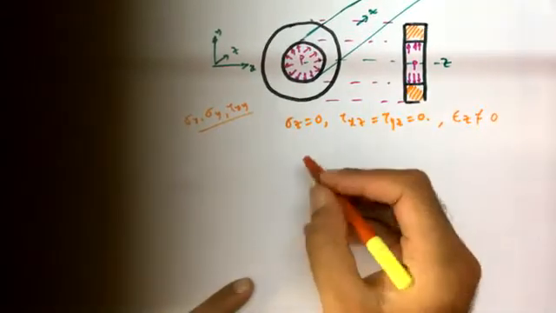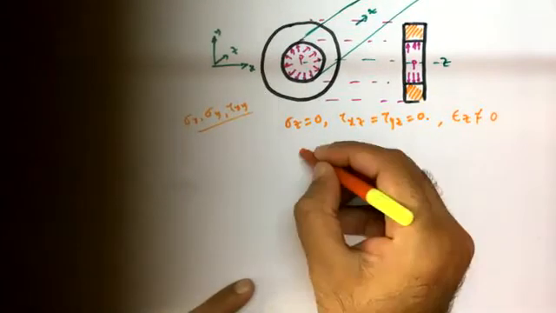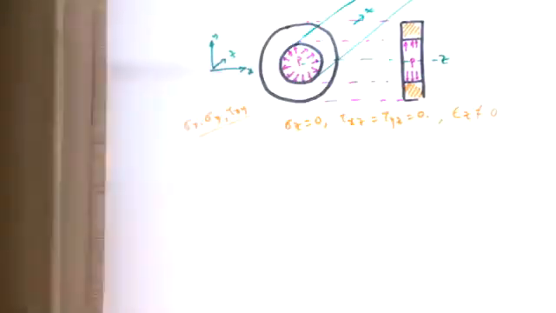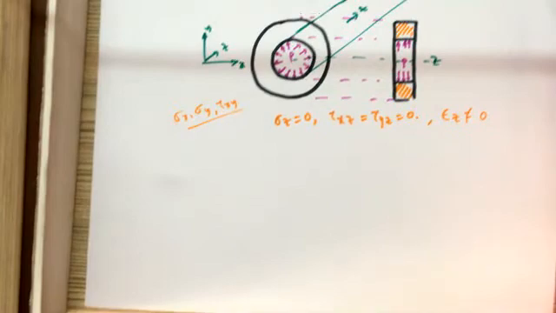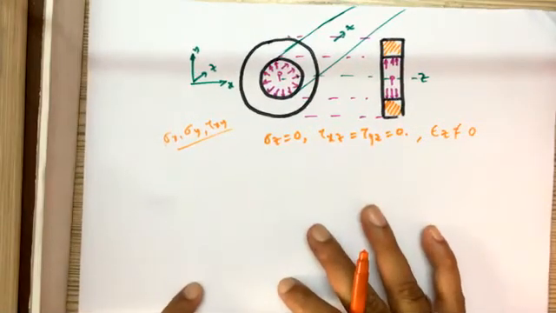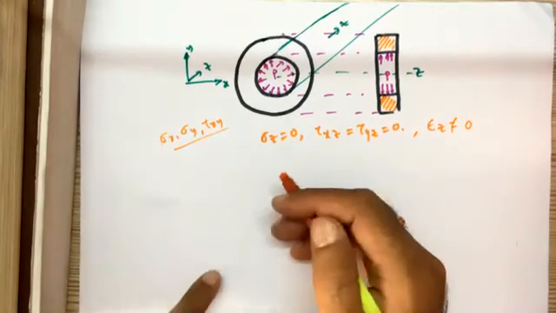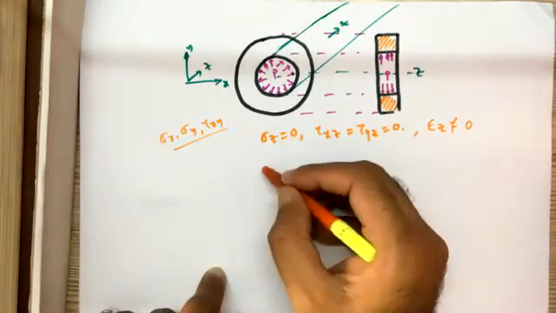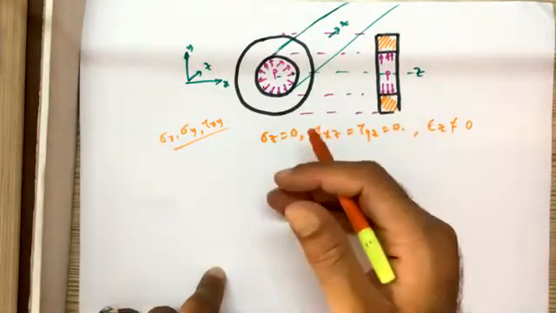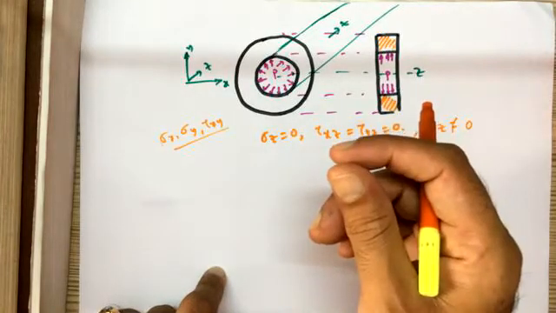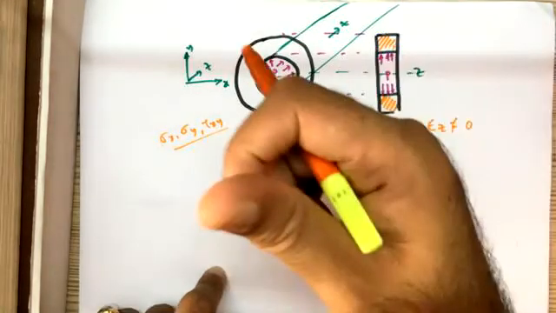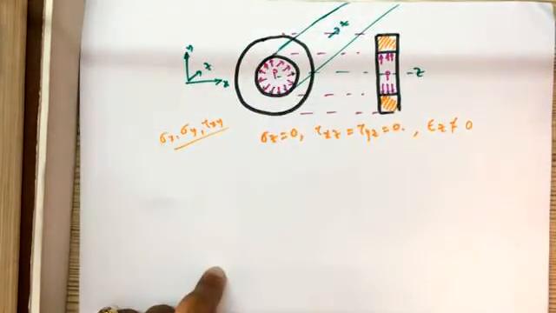Example: you can think of a washer. You know washers, right? The thickness is very, very small, but we put a washer inside that screw or something.